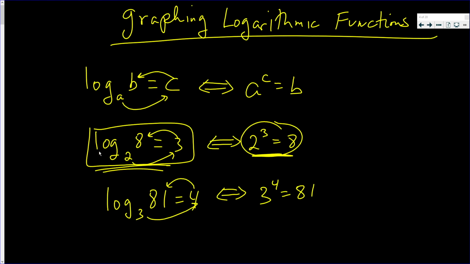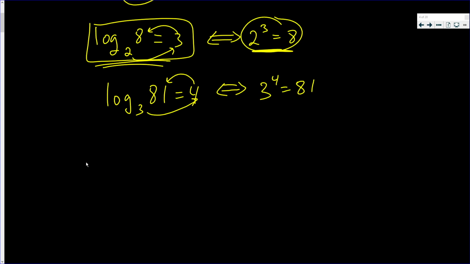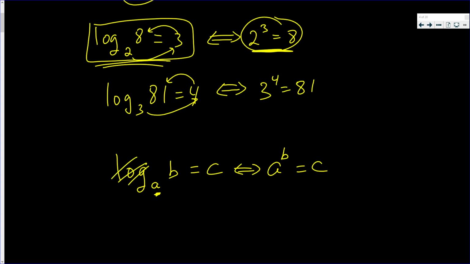Now, I want to talk about how you might remember. That sure looks like a base to me. It's the lowest thing of A, B, and C. Now, if this meant A to the B equals C, that means that you can just ignore log.